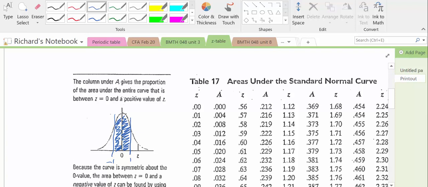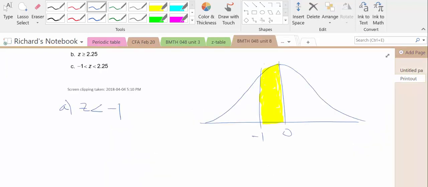This is why it's important to draw the picture, to help visualize what's going on here. So back to the question, 34.1% of the values are between 0 and minus 1, between the mean and z equals minus 1. Well, the question is, what percentage is less than minus 1?